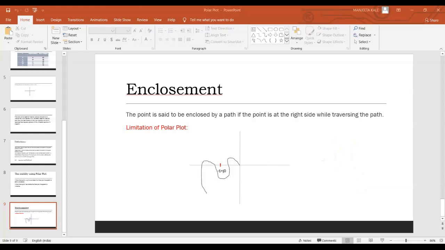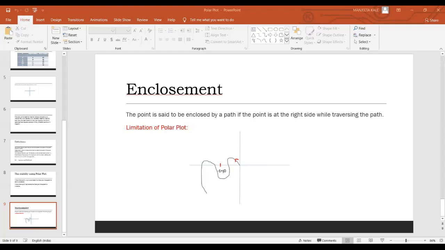Now if you have this kind of polar plot, when you are traversing it in this direction, for some portions the point will lie to the left side, and for some portions the point will lie to the right side of the polar plot. So there is no means by which you can conclude whether the polar plot encloses the critical point or not, and in turn whether it is a stable or unstable system.